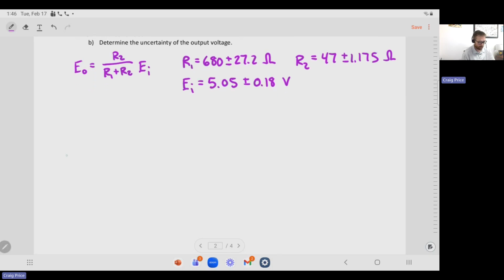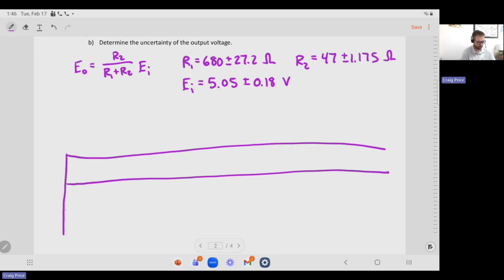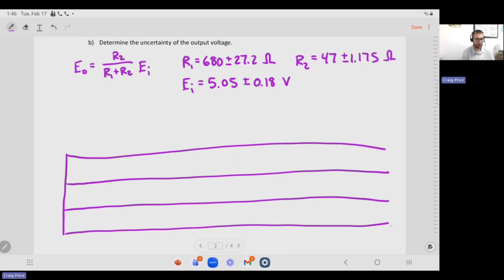And so that table looks something like this. So I'm going to have three different variables, each with their uncertainty. So we have R1 or R2. I'll start with R2, R1, and E in.